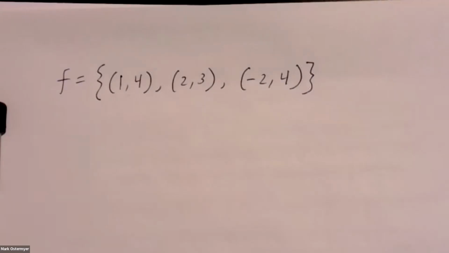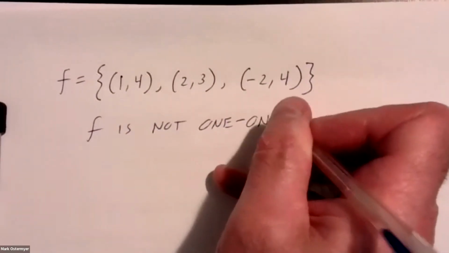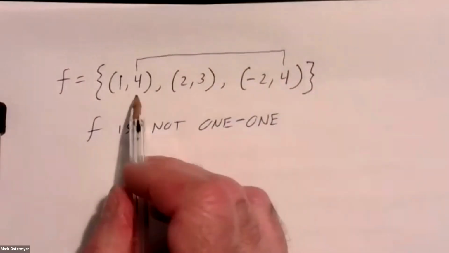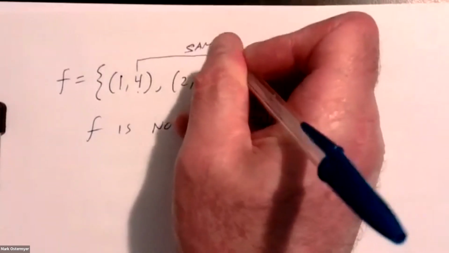No. Not one-to-one. Why not? It's not one-to-one because we have 2 different points for the function that possess the same y coordinates. Because we have repeated y coordinates, this is not one-to-one.